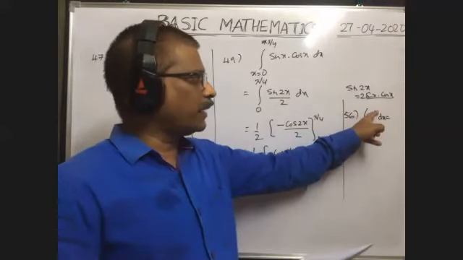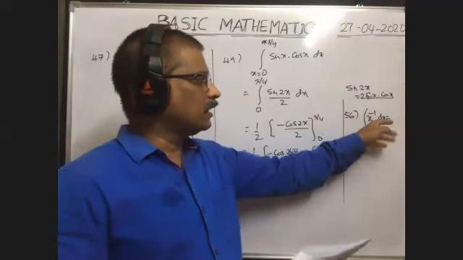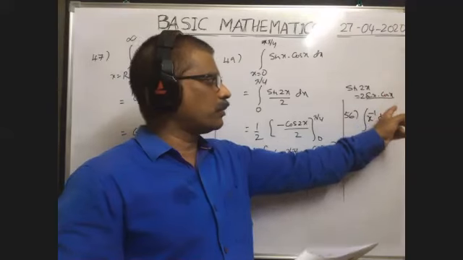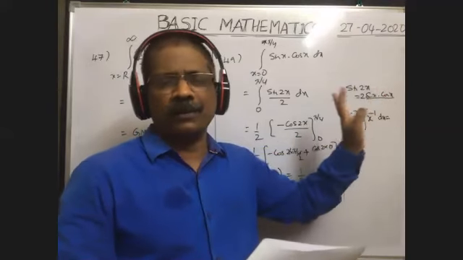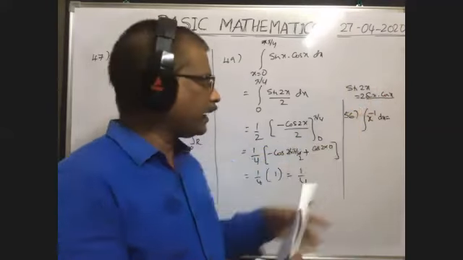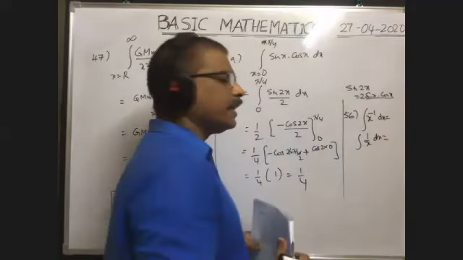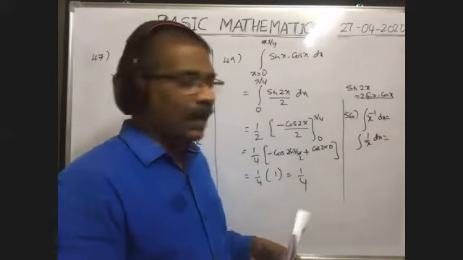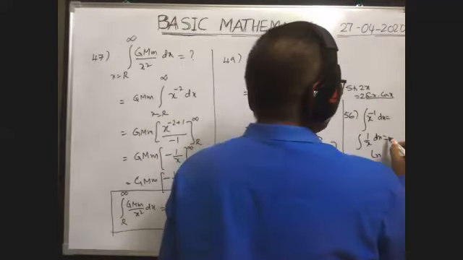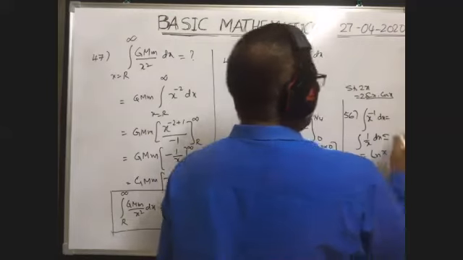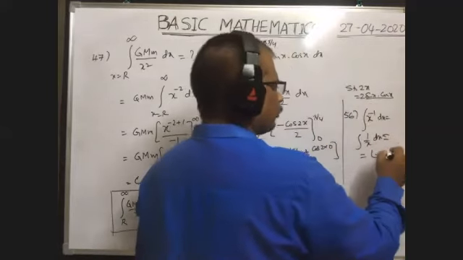If you do directly x to the power of minus 1 plus 1 by minus 1 plus 1, you will get some indefinite form. But it can be written as integral of 1 by x dx, no? Already for integral 1 by x dx we have the formula ln x, no? So this is equal to ln x, as it is the indefinite integration, plus c we have to write.